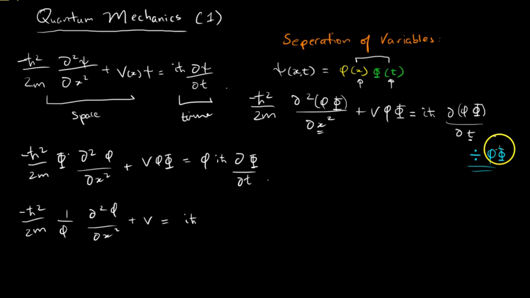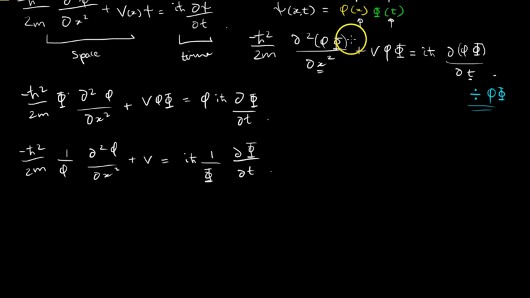What's capital Psi divided by phi capital Psi? It's just 1 over lowercase phi, and we still have this partial with respect to time. Alright, so now this is where our really neat trick comes in. We have a spatial part on the left with a variable only of lowercase phi, which is only of x, the spatial dimension.